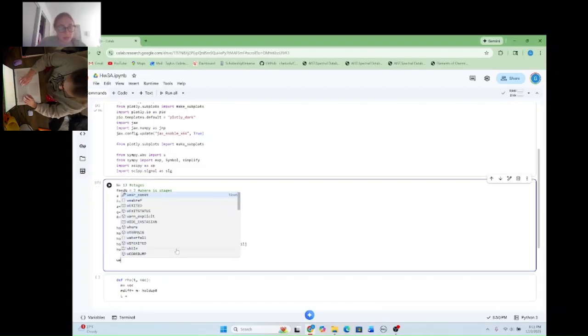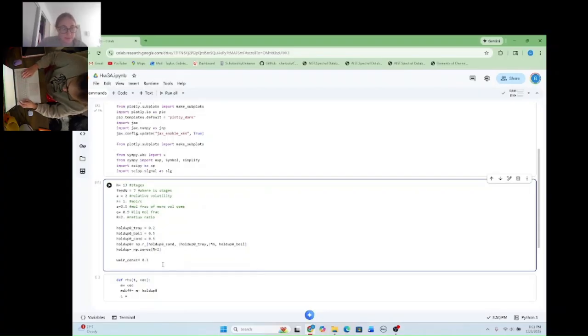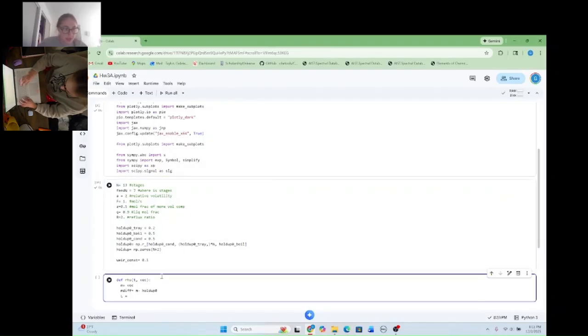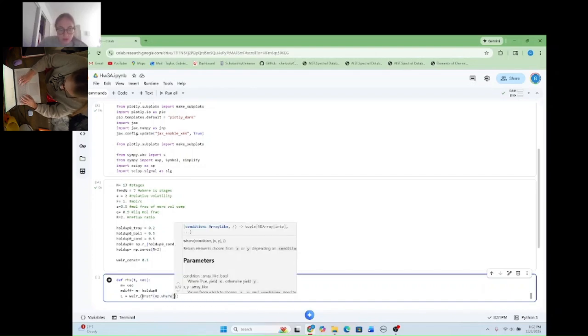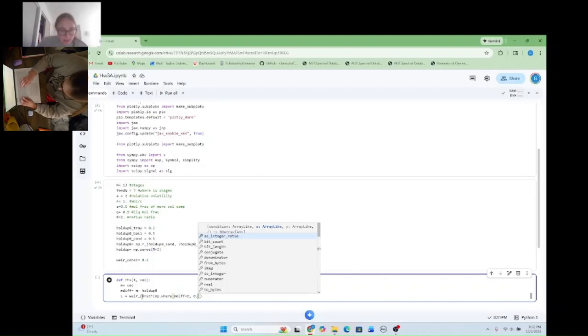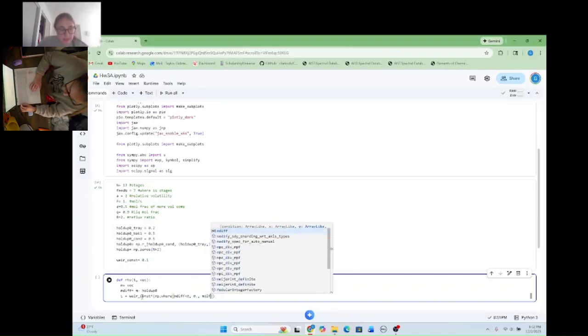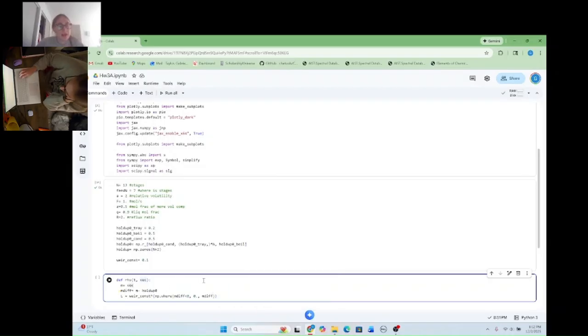Our weir constant is going to be equal to 0.1, and here we have it as the weir_constant times np.weir of m diff. If m diff is less than 0, we want it to be 0, and if not, it's going to be the m difference. So we're not multiplying by anything that's negative.